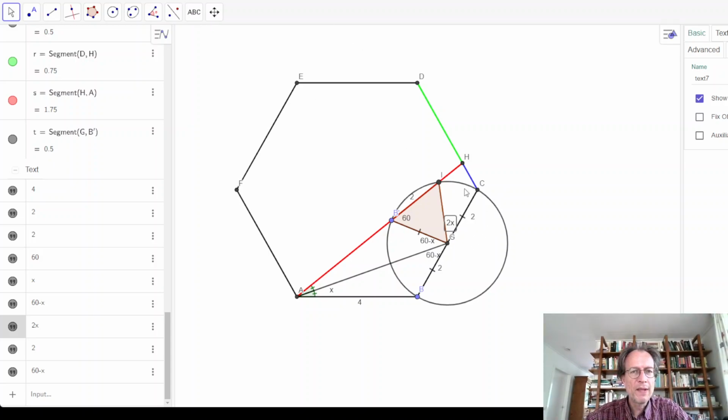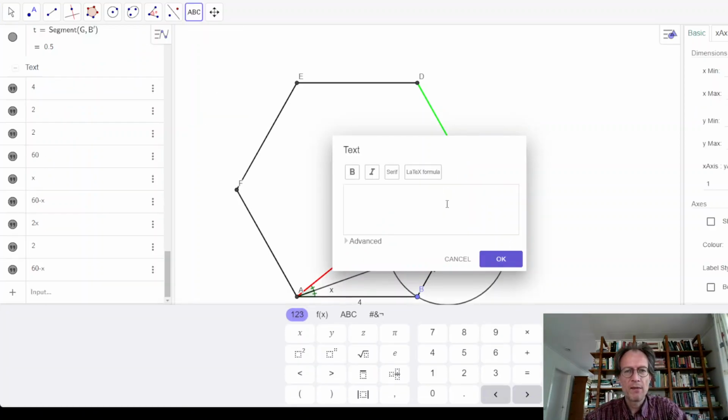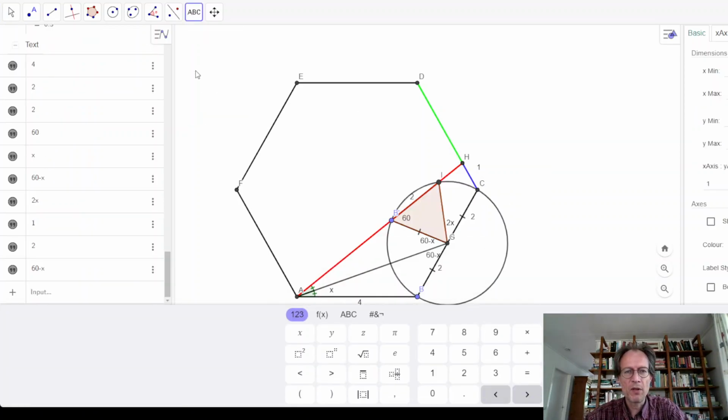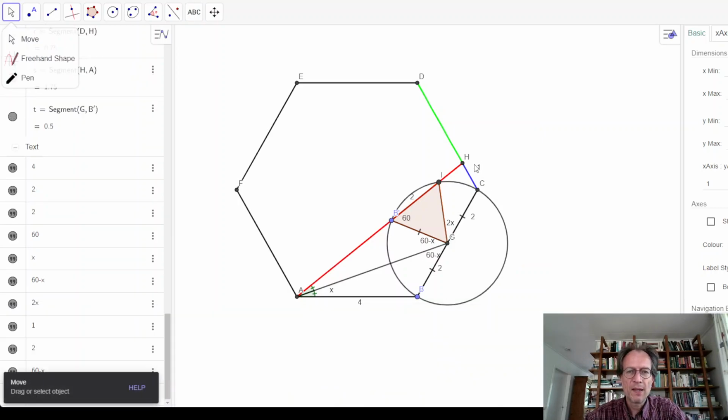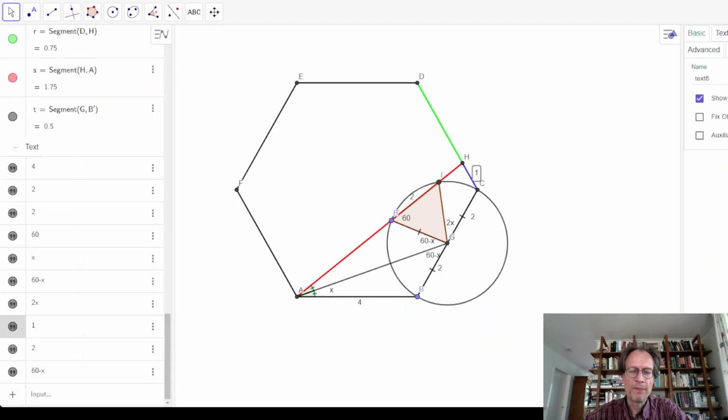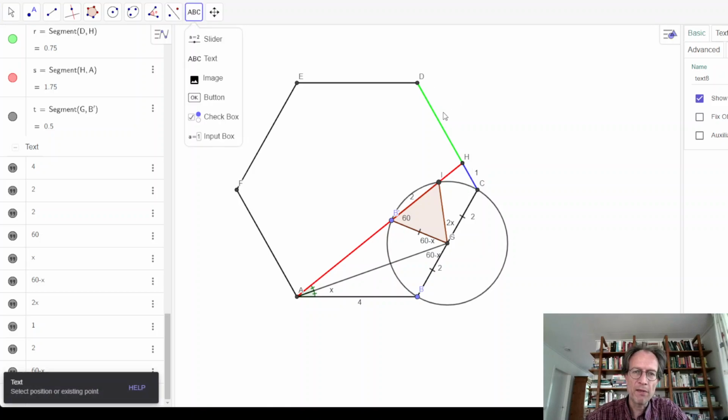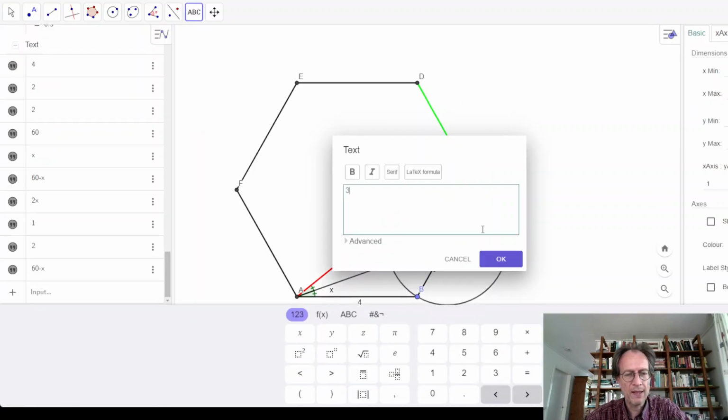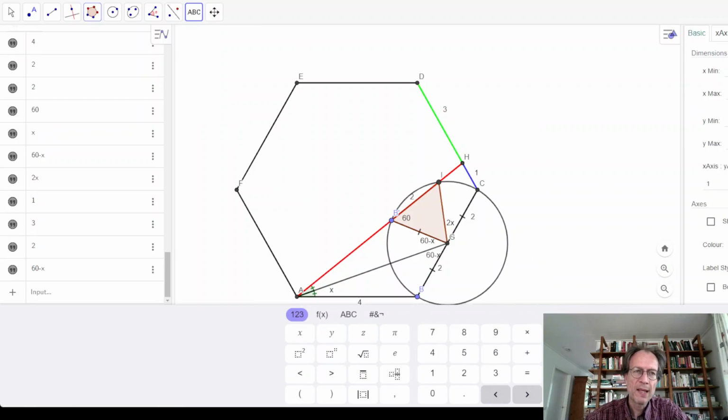And now, because we have 4, 2, if we have here 2, then that must be 1 from the similarity. So we have found that here we have a 1. Well, now we are in business because this total is again 4, its side, so we have here 3. Yeah, that's 4 minus 1.